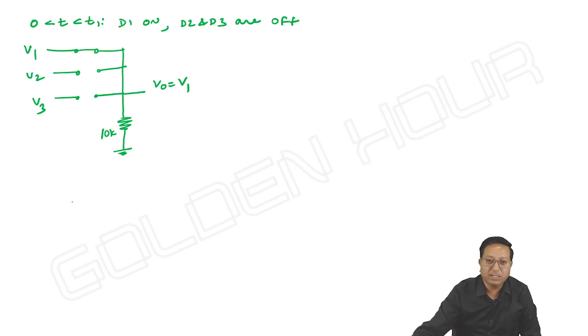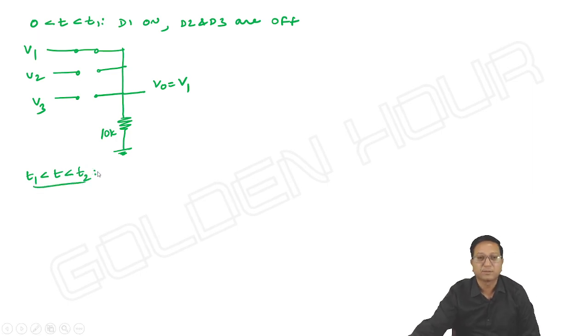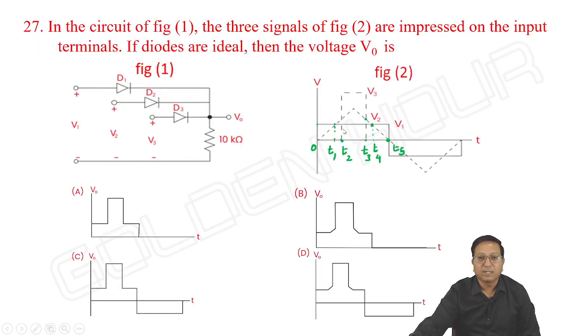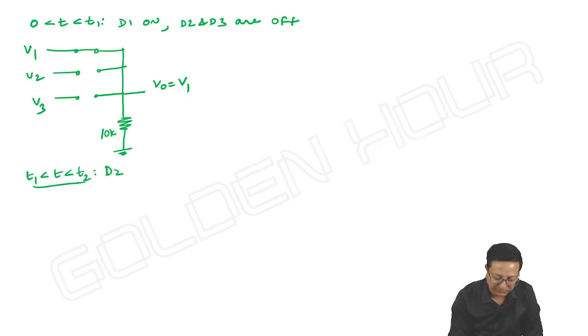Next, over the interval t1 to t2, V1 amplitude is less than that of V2. Anyway, V3 is 0. So V2 is greater than V1 and V3, and hence D2 is on, and D1 and D3 are off.